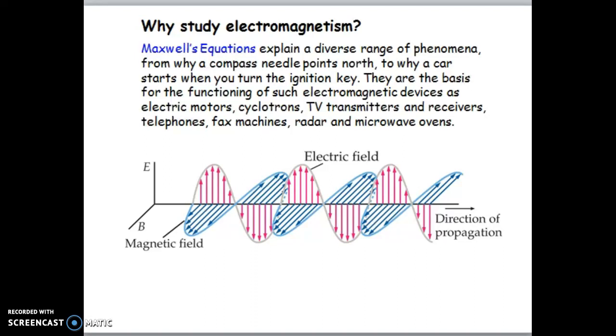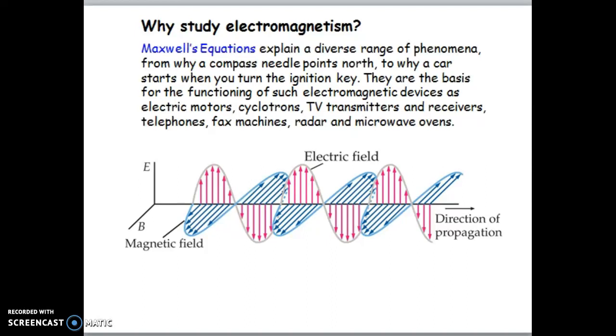We have discussed earlier that the Maxwell equations explain a diverse range of phenomena, from why a compass needle points north to why a car starts when you turn the ignition key, and they are the basics for the functioning of such electromagnetic devices as electric motors, cyclotrons, TV transmitters and receivers, telephones, fax machines, radars, and microwave ovens.